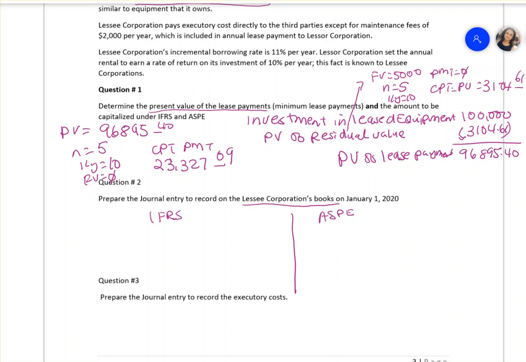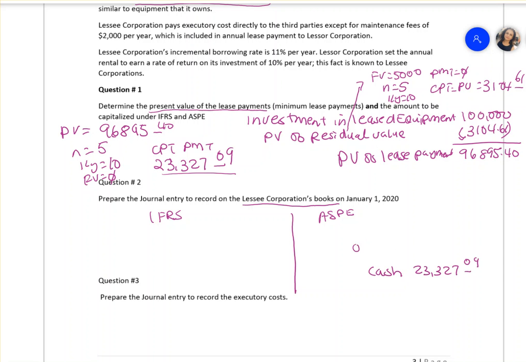We know the investment is 100,000, so that doesn't change. The only thing that changed here was that we have a payment that changed. So let's work it out under ASPE. We know our cash payment, the first payment, will be 23,327.09.